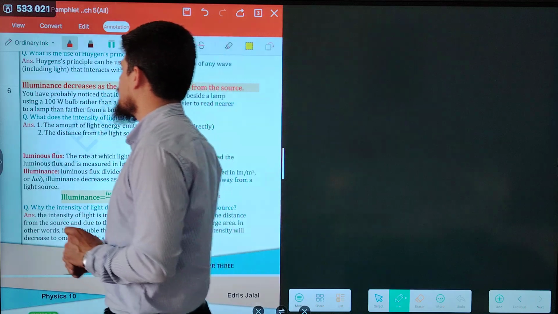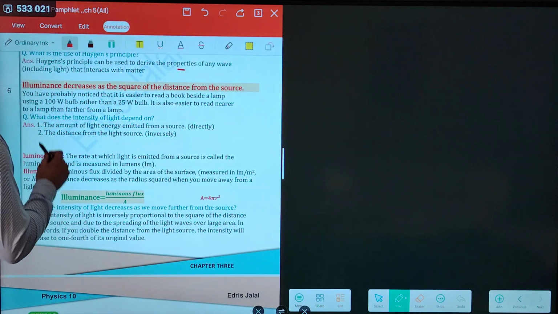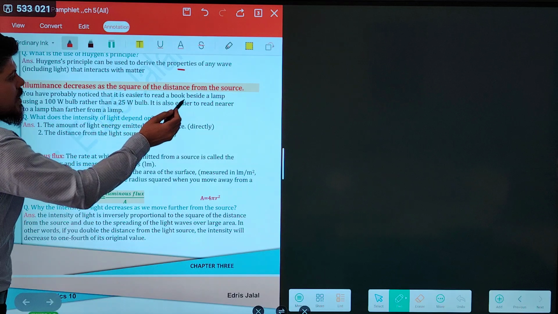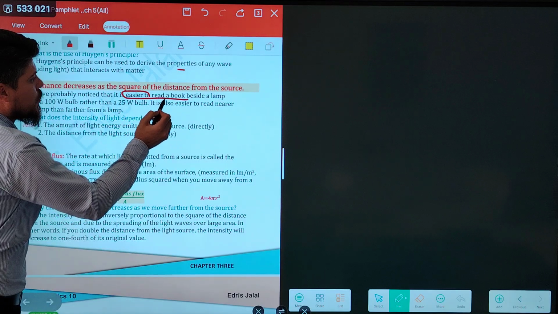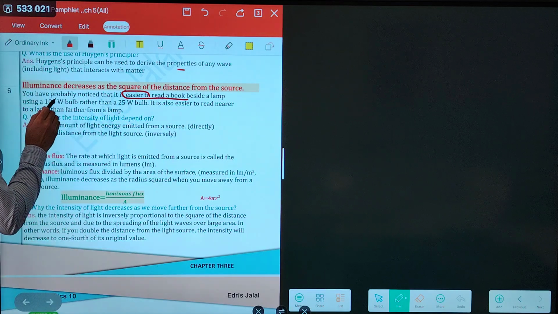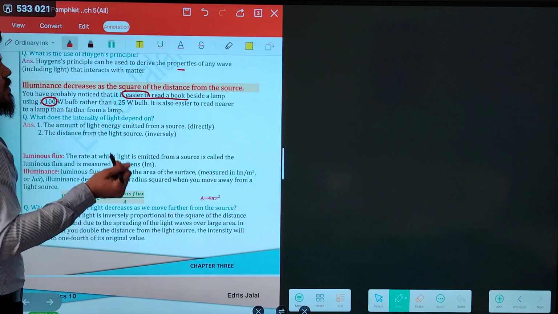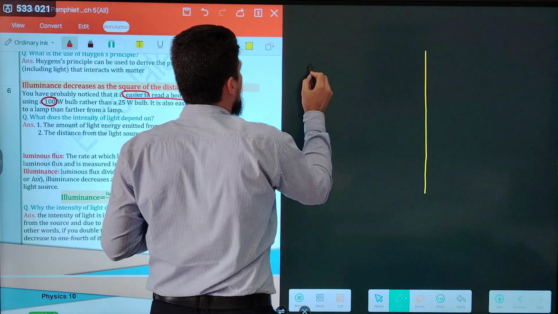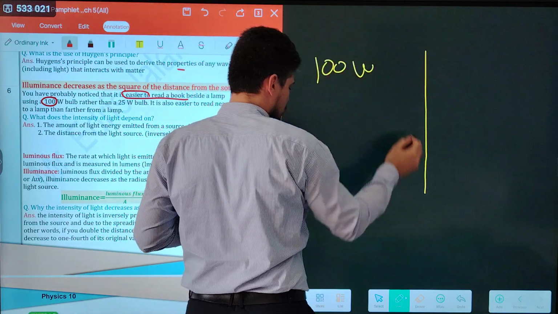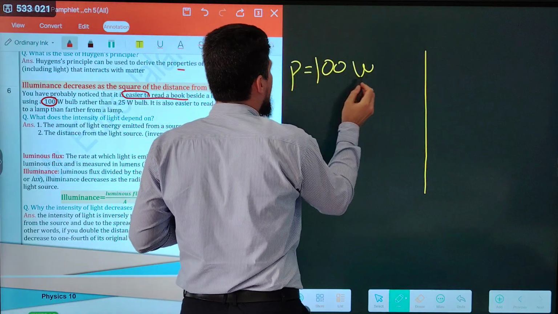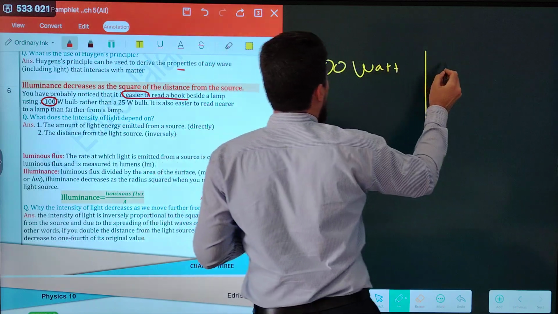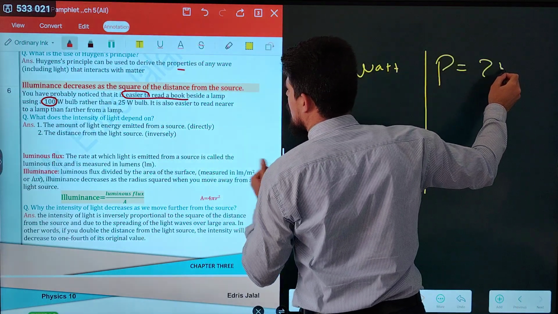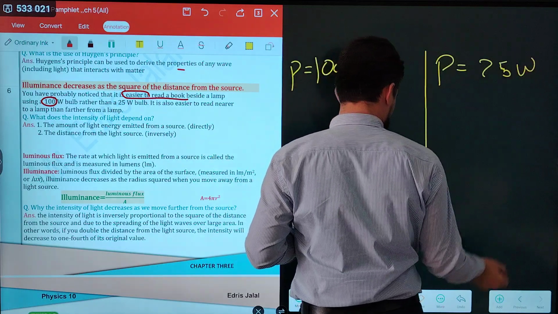Illuminance decreases as the square of the distance from the source. Now we have another topic about illuminance and luminance. You have probably noticed that it's easier to read a book beside a lamp using a 100-watt bulb rather than a 25-watt bulb. So which one has more intensity of light? The power is equal to 100 watts, or 25 watts.